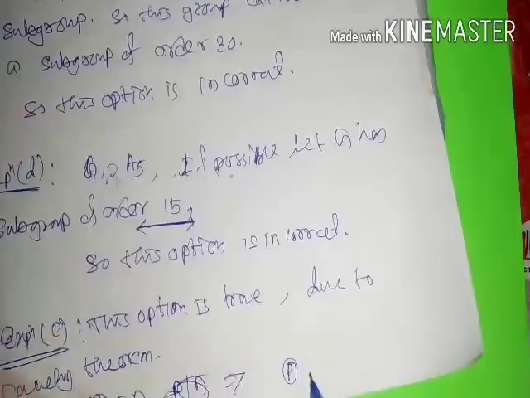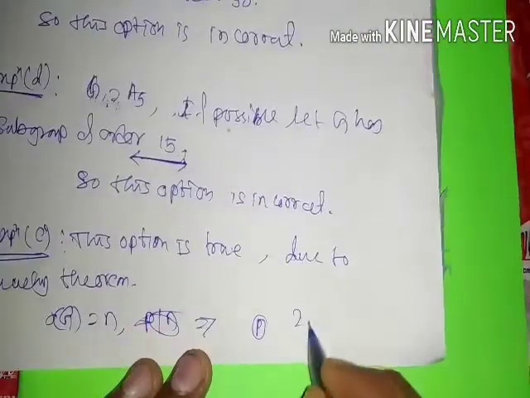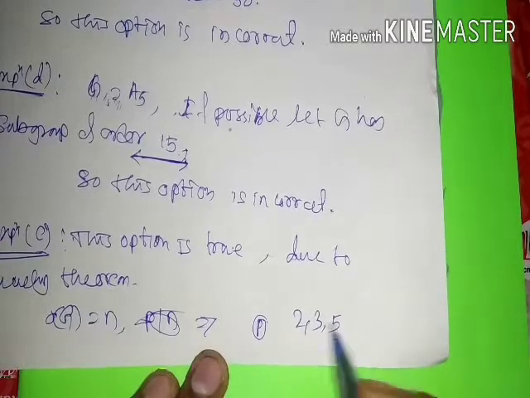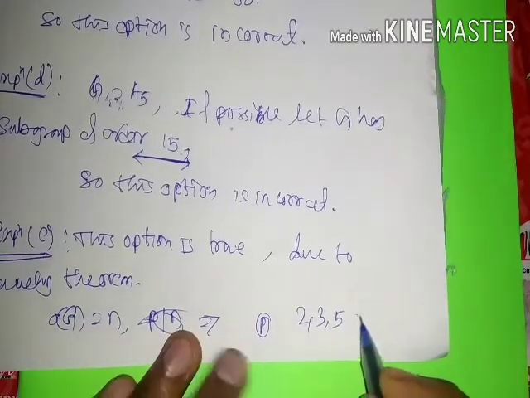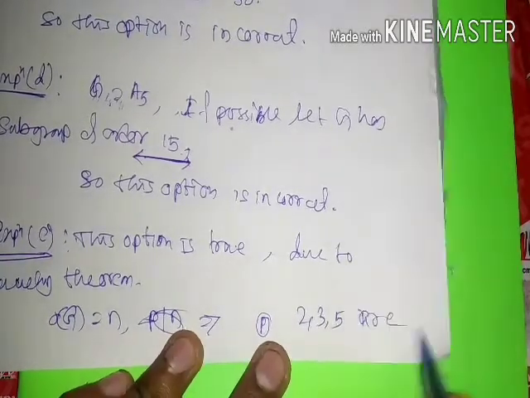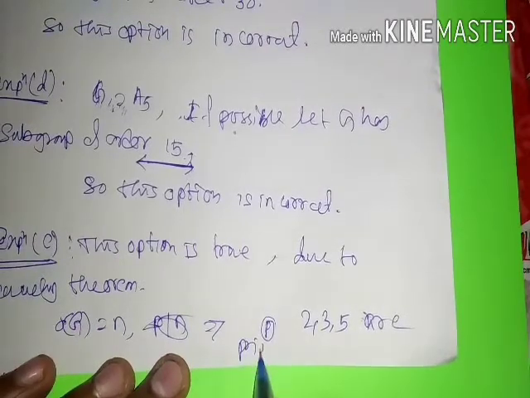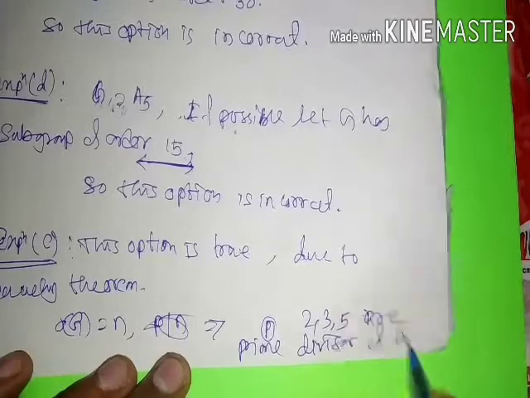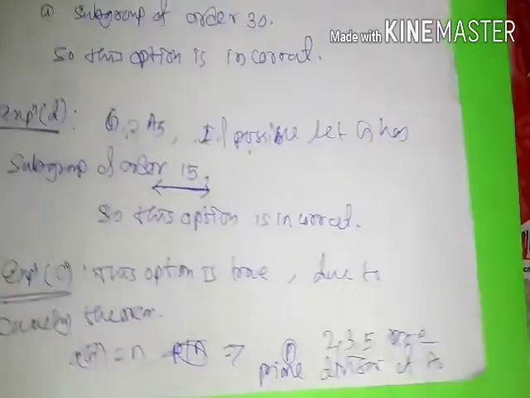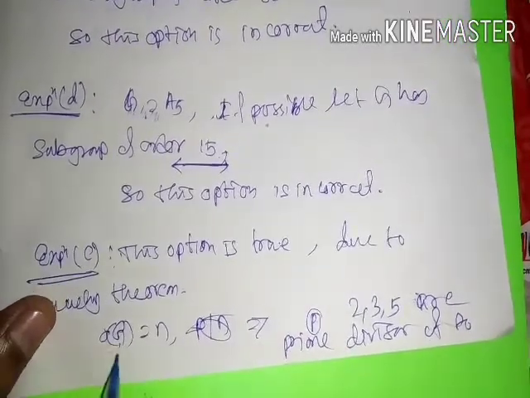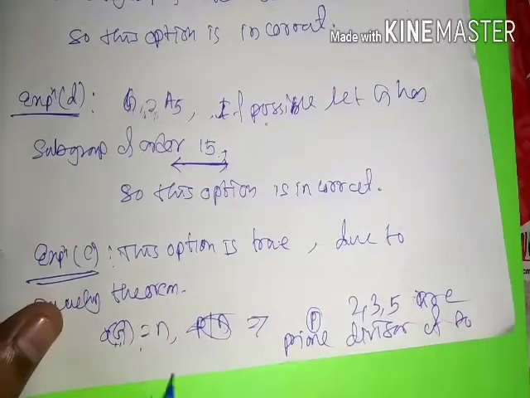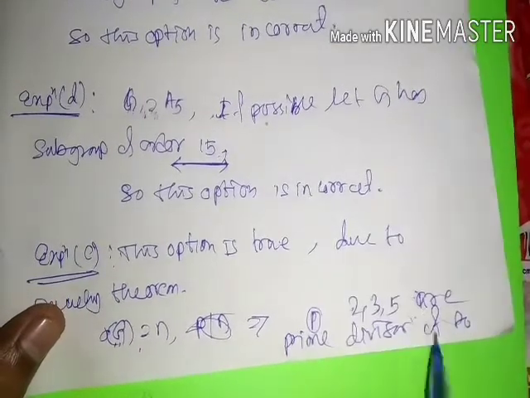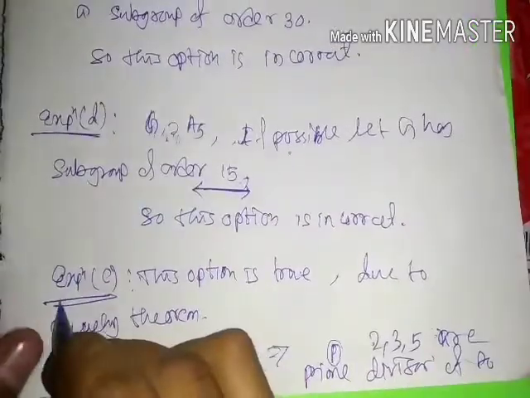In this case, 2, 3, 5 are also prime divisors of 60. So this group has a subgroup of order 2, 3, 5. That's why this option is correct.